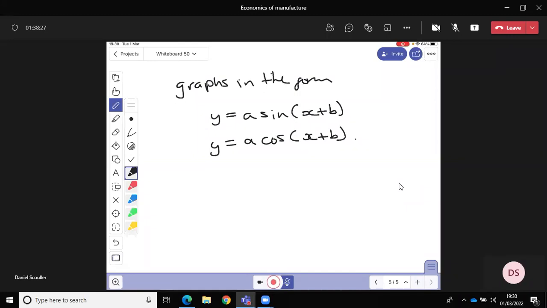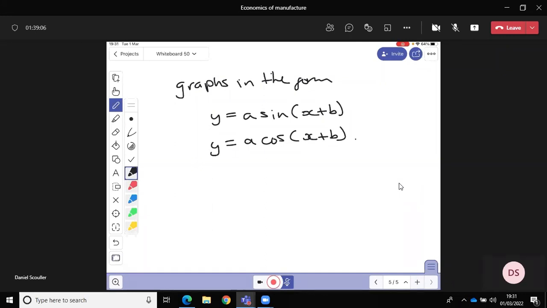When there's a bracket involved, it means we're moving it along the x-axis, to the left or to the right. Where our start point 0, 0 for the sine graph moves to the right, it moves the x coordinate, not the y coordinate. We're not doing any vertical movement. We're solely focused on movement along the x-axis.